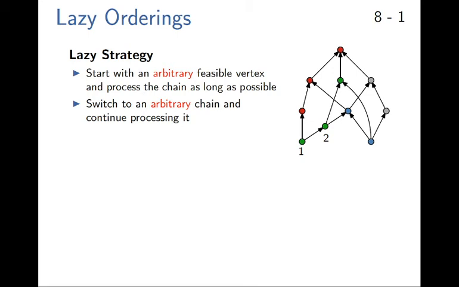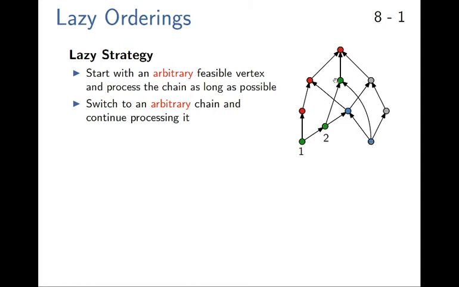And then you look to which chain the guy belongs to, and you continue in that chain as long as possible. So here you go to this guy. He's the next guy in the green chain, you make him the second vertex, and then you go to this vertex, and then you realize, oh, I cannot put this guy into the linear layout because I first have to put this guy in.